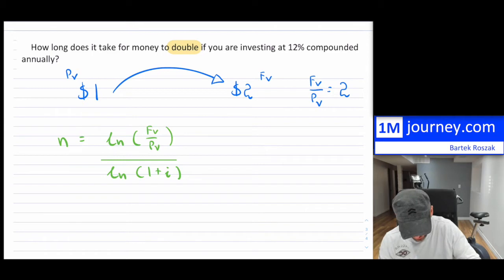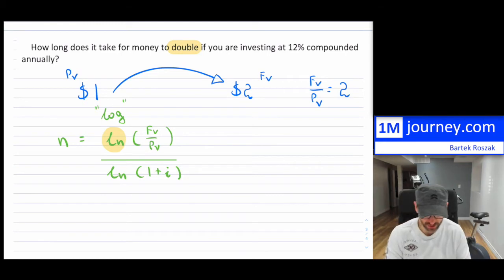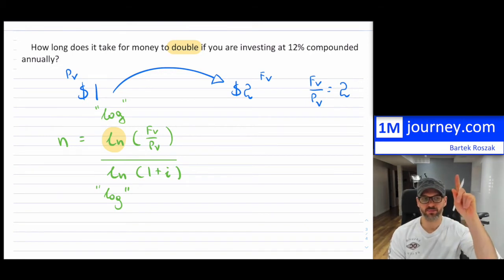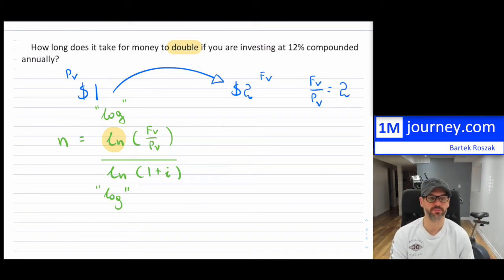You can also use log instead of ln, if you like, as long as you're consistent. This formula can be derived from the future value equals present value times 1 plus i to the n. I can put up a link above if you want to see that particular derivation.